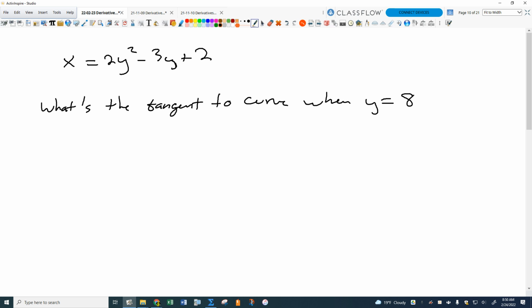If I were to graph this thing, it's going to end up being a sideways parabola. So I'm specifying a y value, and let's say that y value happens to coincide with that point right there. And that's the tangent that we want.